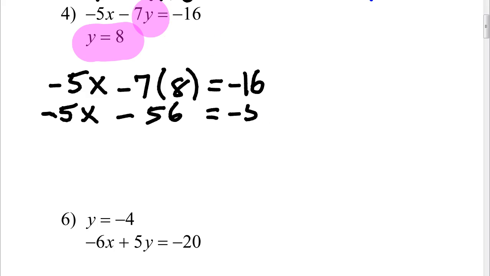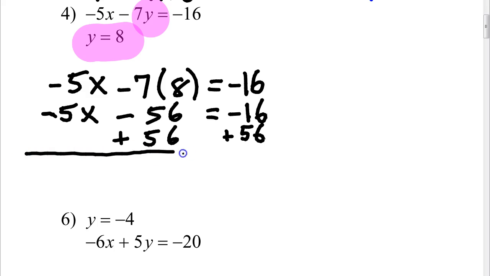I'm going to do the opposite. Negative 5 times what number is negative 16 plus 56, which is the same as, remember the order doesn't matter, 56 minus 16. 40.